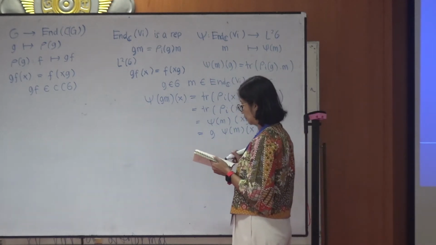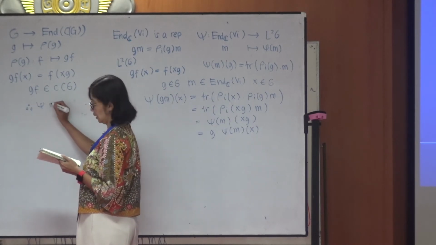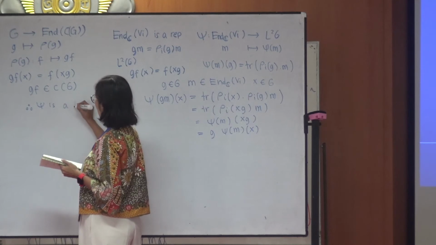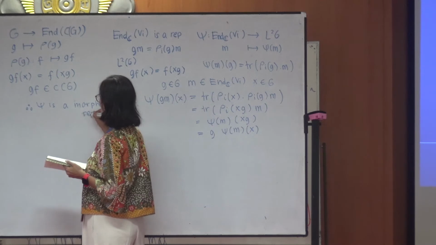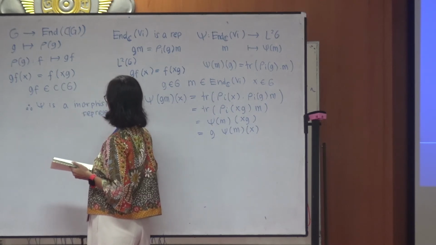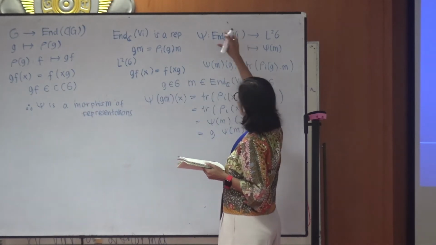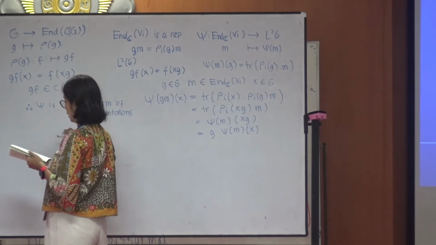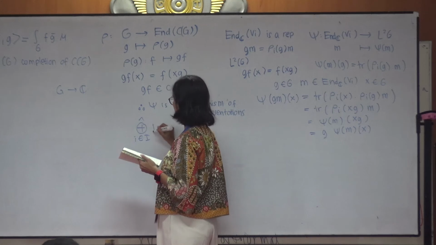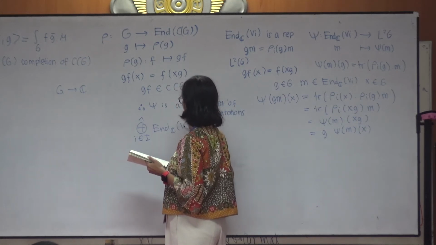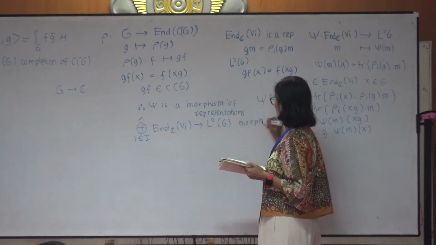So it means that psi is a morphism of representation, and if we put the direct sum of this, we will get that this is also a morphism of representation.